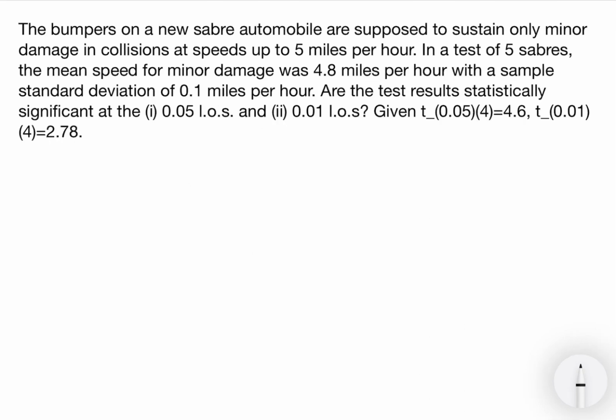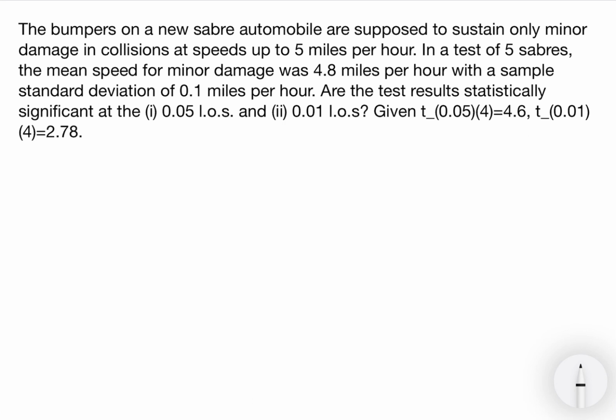The next problem is: the bumpers on a new Sabre automobile are supposed to sustain only minor damages in collisions at speeds up to 5 miles per hour. In a test of 5 Sabres, the mean speed for minor damage was 4.8 miles per hour with a sample standard deviation of 0.1 miles per hour.